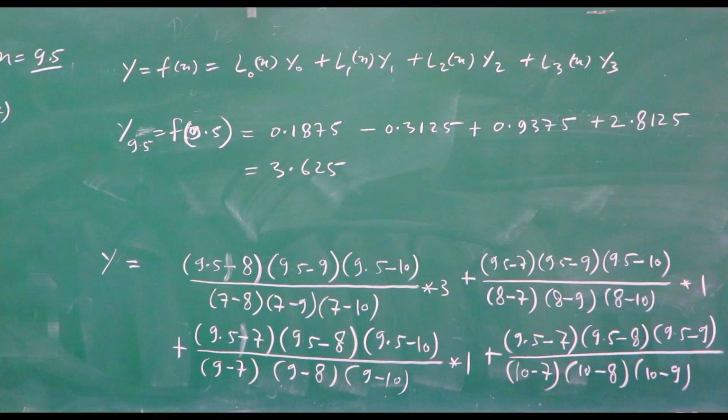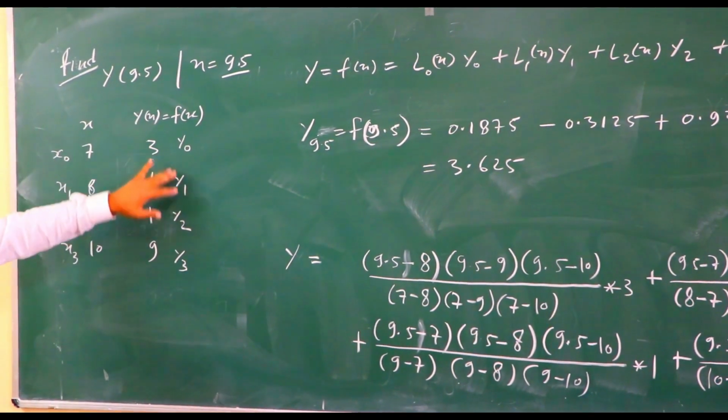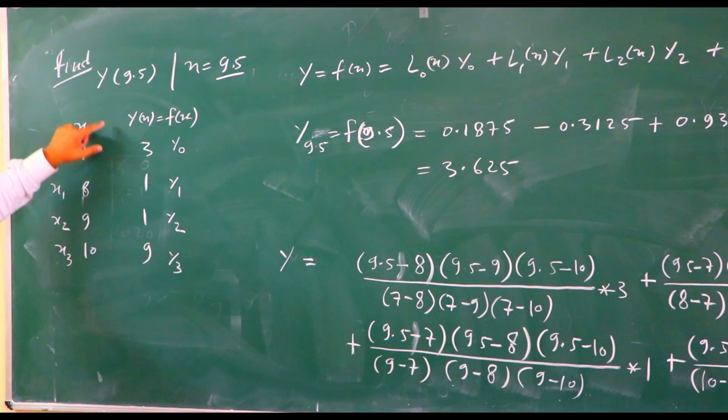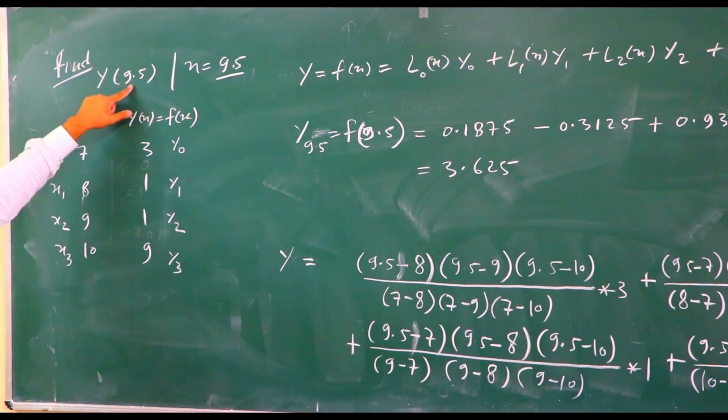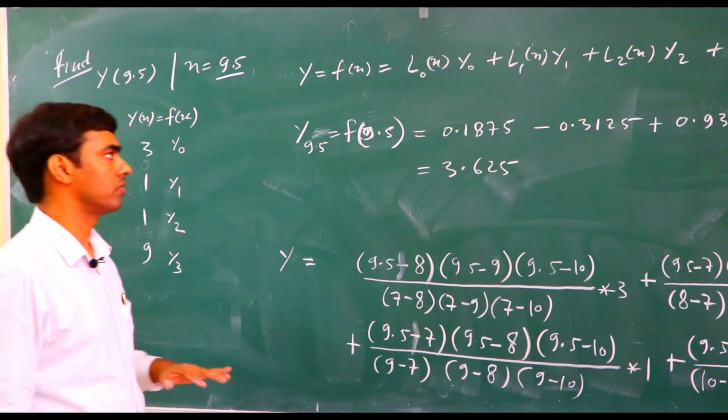So what we can conclude here: if x0, x1, x2, x3 is this one and y0, y1, y2, y3 is this one, what is the value for y at x equal 9.5 with the help of the Lagrange interpolation formula? So what is the procedure?